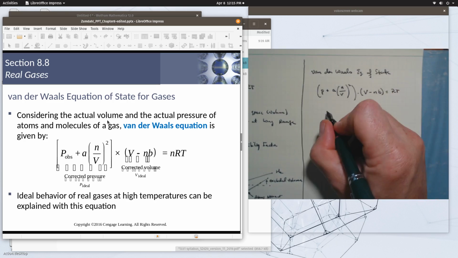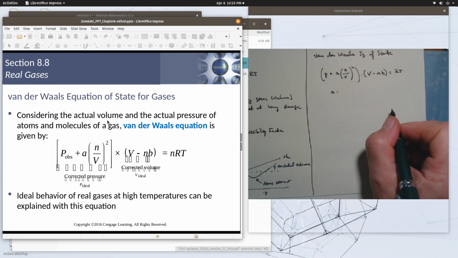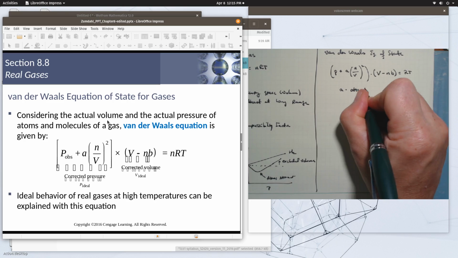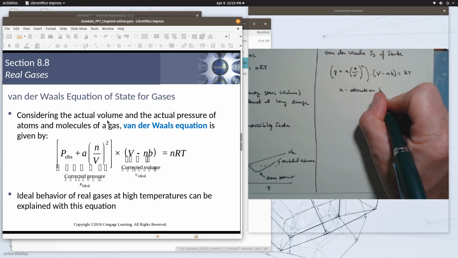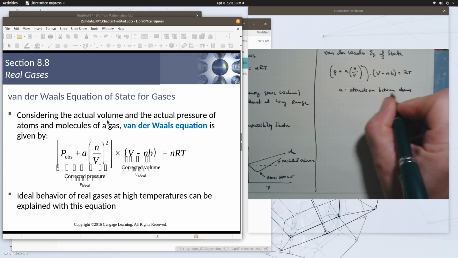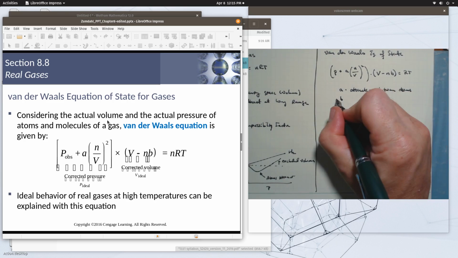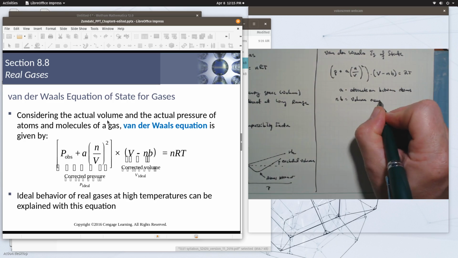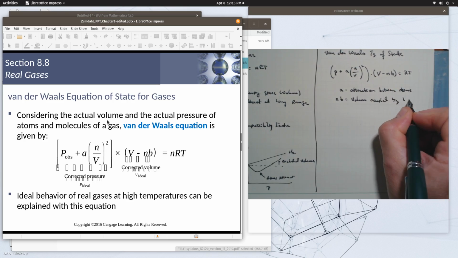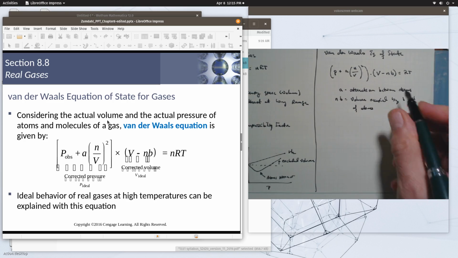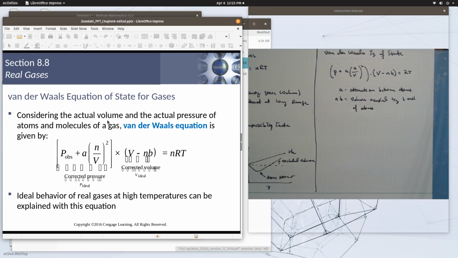Now A is an indication of the attractiveness, and B, rather n times B, is the volume occupied by 1 mole of atoms, and it's not 22.4 liters.